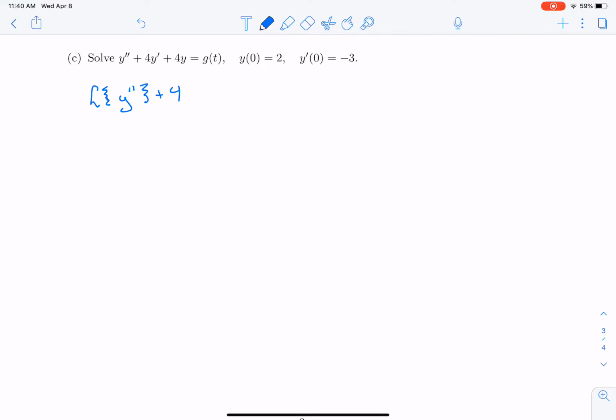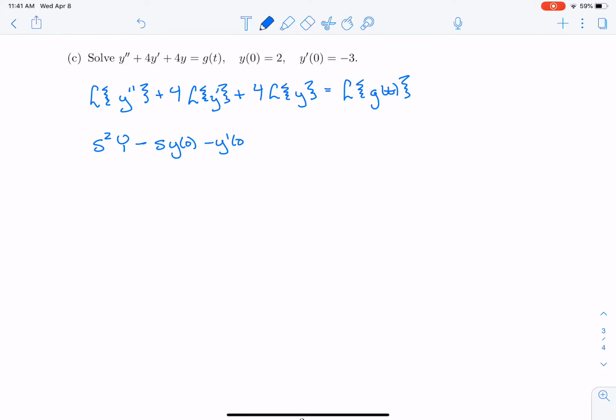plus 4 times the Laplace transform of y prime plus 4 times the Laplace transform of y. And that's going to equal the Laplace transform of g of t. Okay, so this will be s squared Y minus s y of 0 minus y prime of 0 plus 4sY minus 4y of 0.